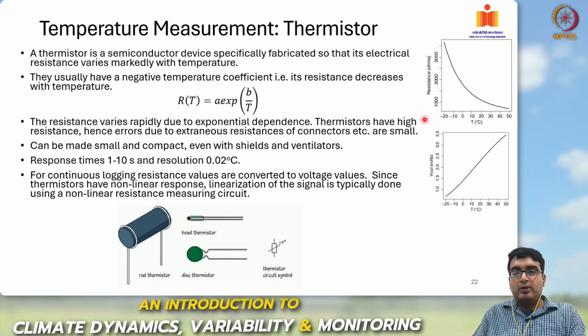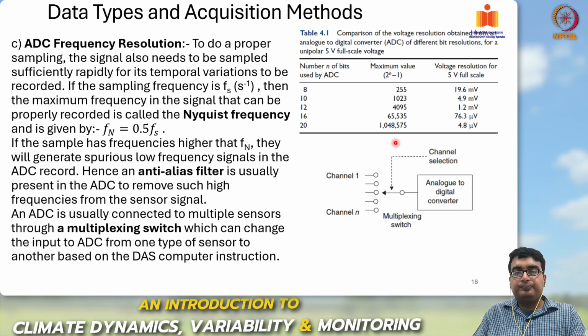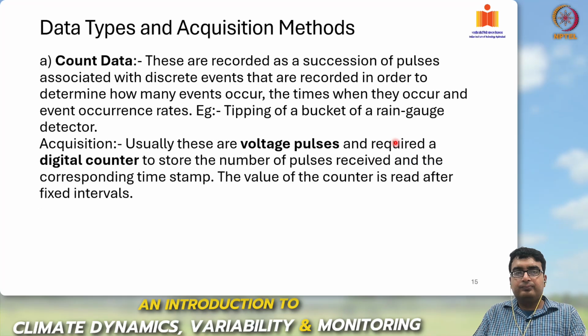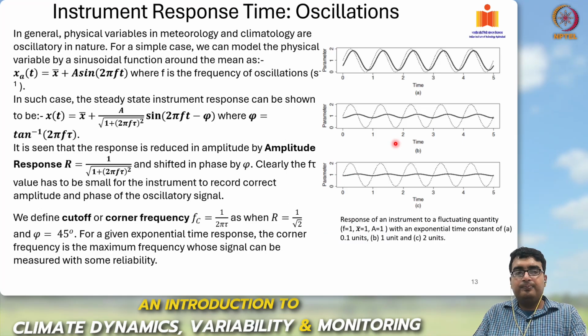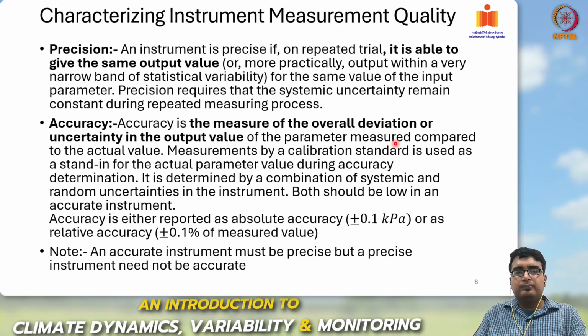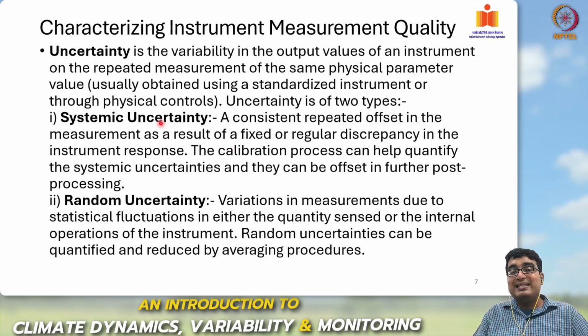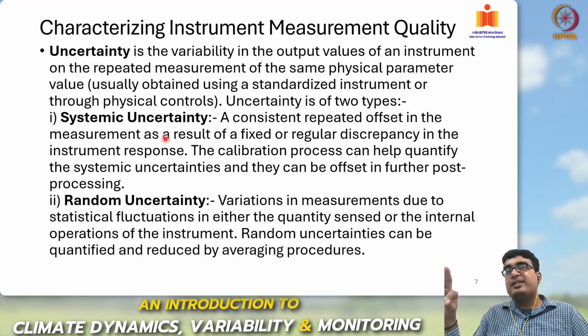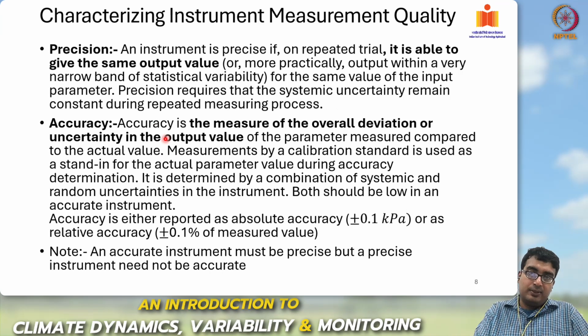Okay, so what we call here, if you remember, systemic uncertainty. So the addition of extra leads, resistance wires, etc. can add to the resistance and create a systemic uncertainty that has to be calibrated for in these kinds of systems.